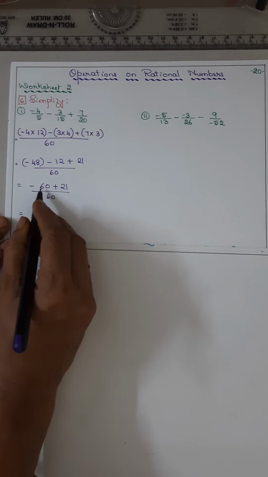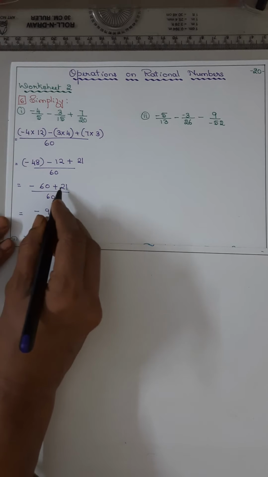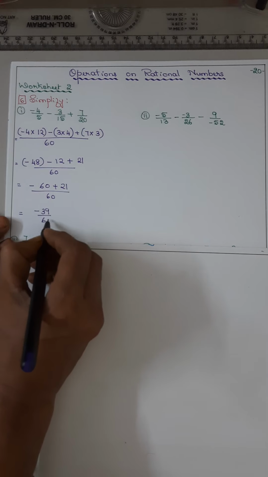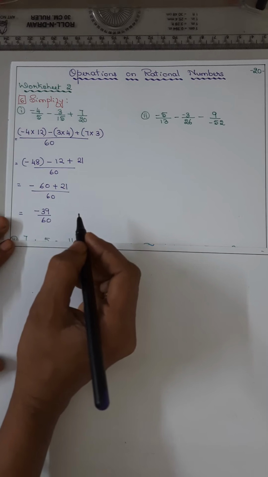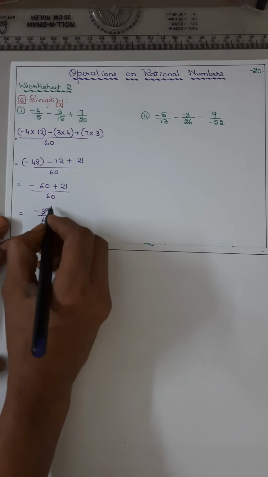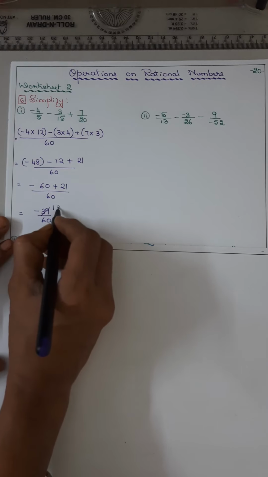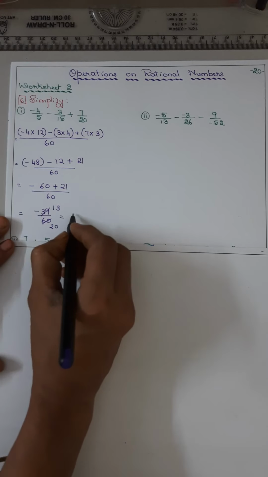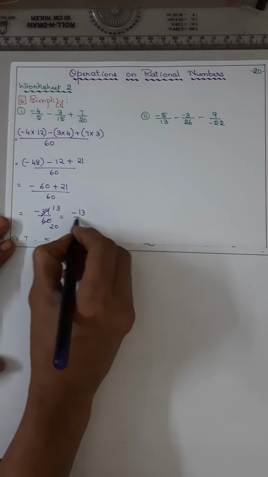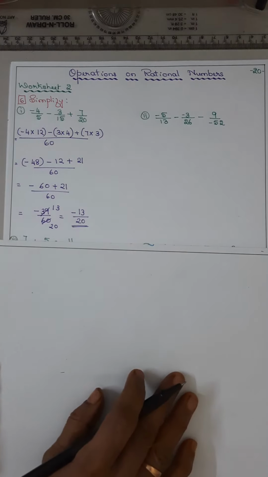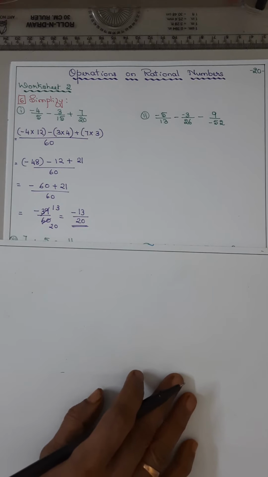Now 5 is remaining. 5 minus 2 is 3 upon 60. अभी ये 3 के टेबल में जाएगा. 3 1s are 3, 3 3s are 9, 3 2s are 6 and 0. So the answer is minus 13 by 20. You have to convert to the lowest term.